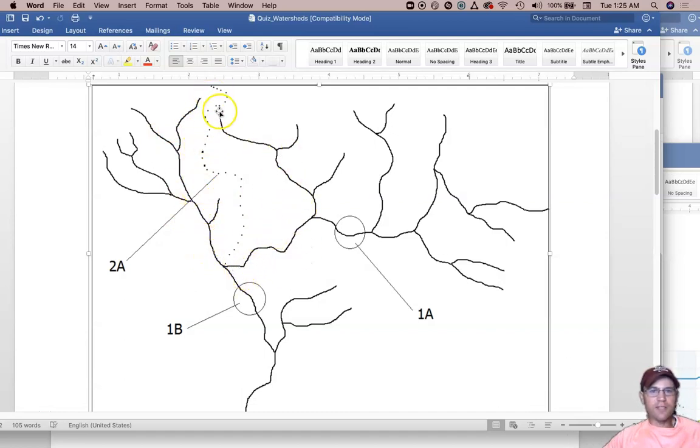What would we call this line? The best answer would be a divide line, or a ridge line if you're in the east, where it's visually apparent. What stream order are 1B and 1A? You're not going to know the answer to that because that's the focus of our next video.